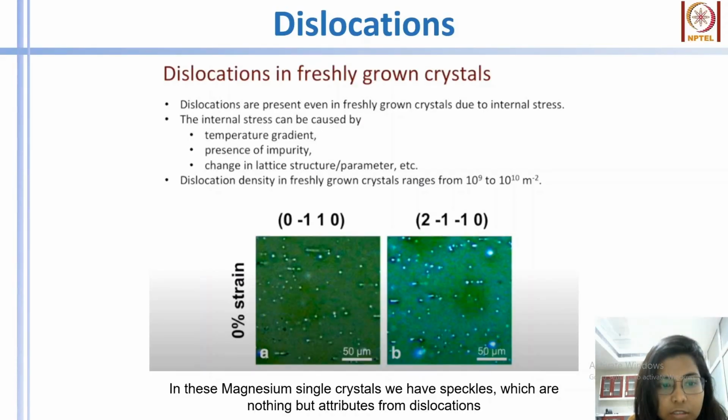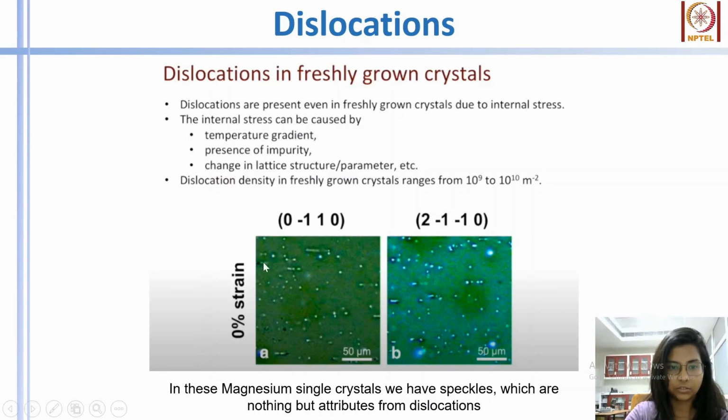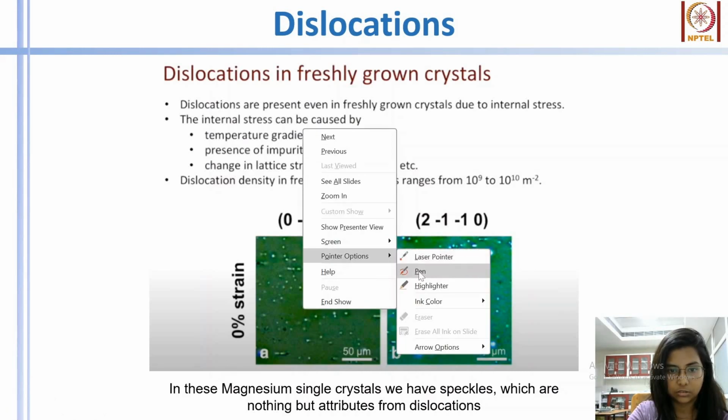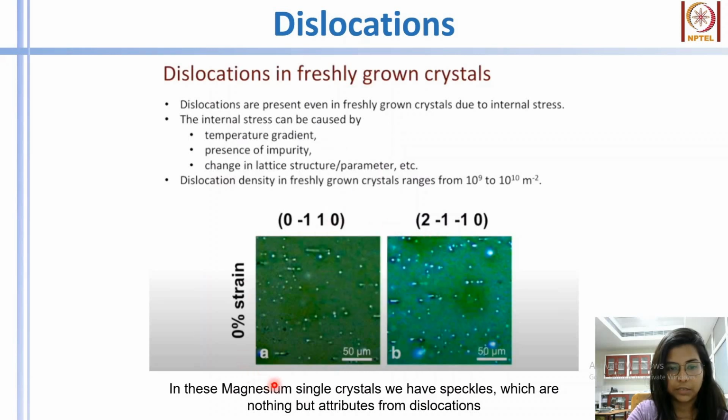So this picture you see is a magnesium single crystal, and in the magnesium single crystal we are simply looking at it along two different planes, so that is why there are two different images, but we are looking at it at 0% strain.